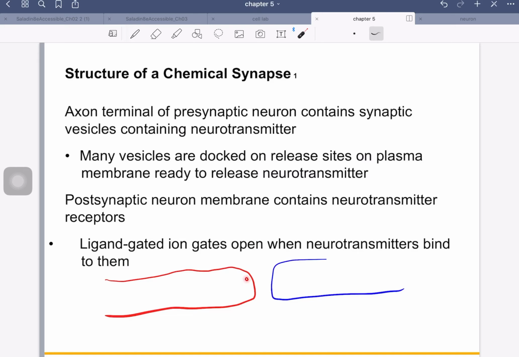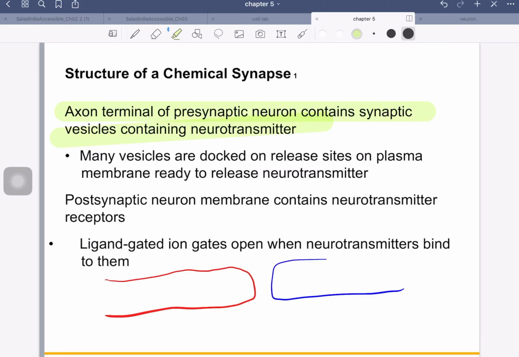And typically, what we're looking at is a release of neurotransmitters that will interact with an appropriate receptor on the postsynaptic neuron. And typically, what we see is that the axon terminal of a presynaptic neuron will contain vesicles containing a neurotransmitter.